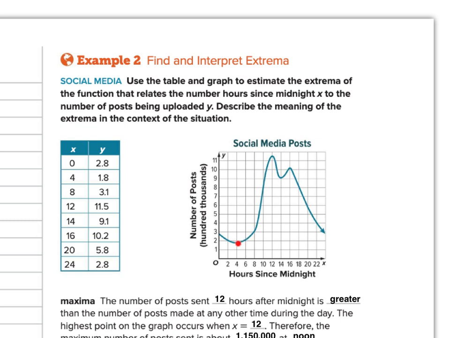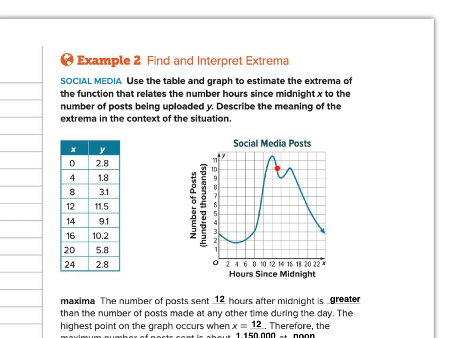Is it 4 o'clock? Is this because people are starting to wake up? And so we have an increase throughout the day, because this would be 10 a.m., noon. It looks like at noon we have a maximum number of posts, which would be approximately 11.5 hundred thousand.